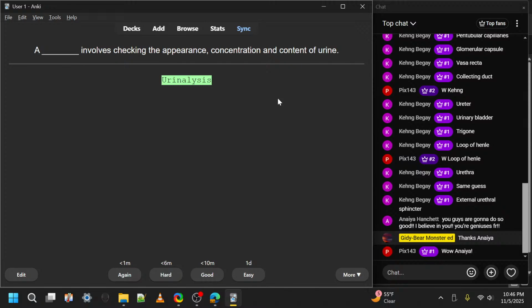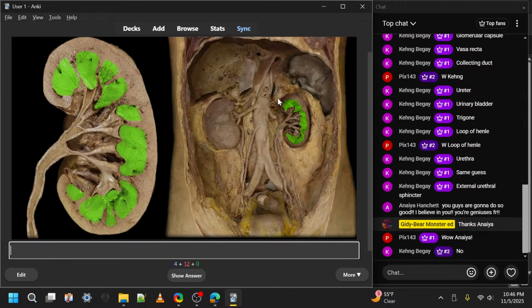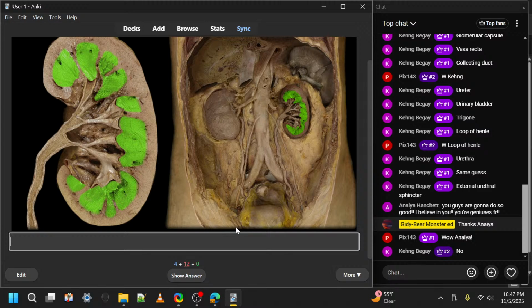I know it is. Let's go. Yay, Kang's still here. I was confused because Pix 143 got crown number 1 and you're at crown number 2. Alright. This is the medulla.